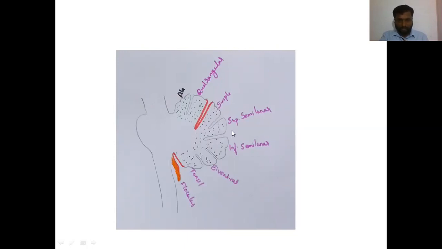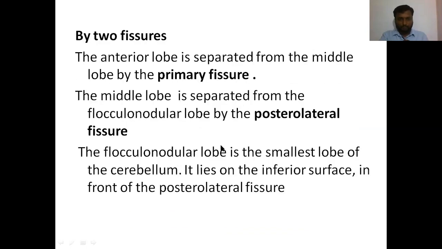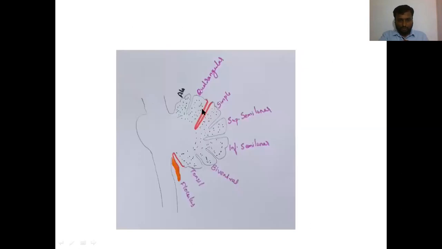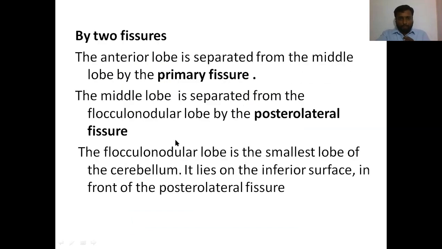So each hemisphere is divided into three lobes: anterior lobe, middle lobe, then flocculonodular lobe, by two fissures, the primary fissure and the posterolateral fissure. So, clear now. The anterior lobe is separated from the middle lobe by the primary fissure.